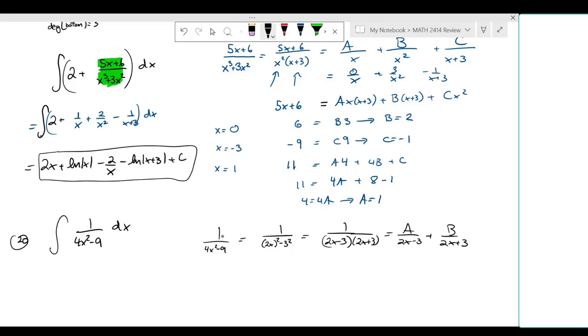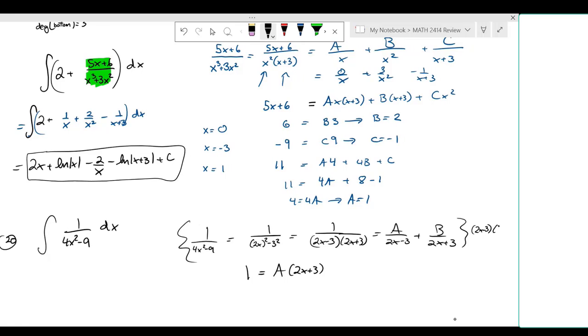Okay, then we multiply by this common denominator. All right, so just to be clear, when we multiply by that common denominator, you have to make sure you cancel the correct factor. When we multiply through the term containing the a, the 2x minus 3's cancel.